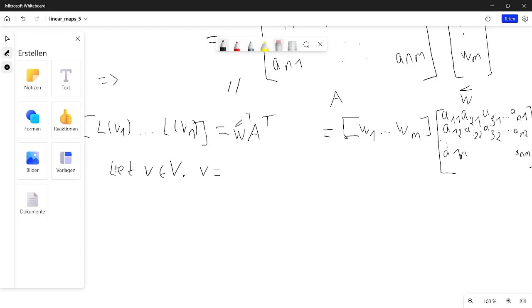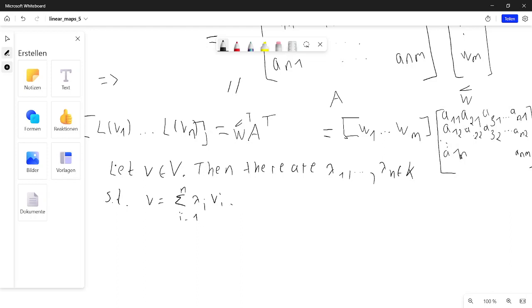Then since v1 to vn is the basis of V, there exist lambda 1 to lambda n in K such that v is equal to the sum of lambda i v i, i equal 1 to n.